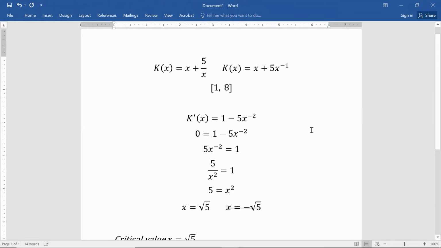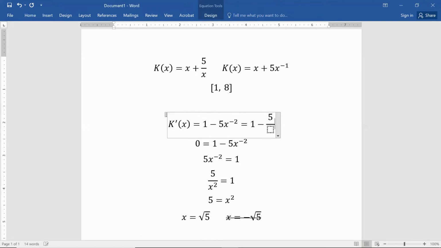By the way, I didn't say this earlier, I probably should have, but I set the derivative equal to 0. Is there a way that this derivative could have been undefined? Well, yes, there is. When you're dividing by 0, this thing could have been undefined. So this could have been undefined when x is 0.